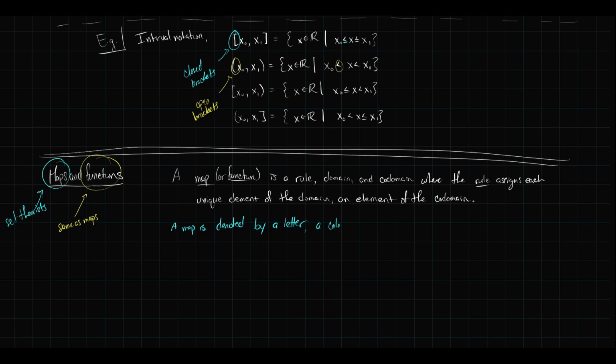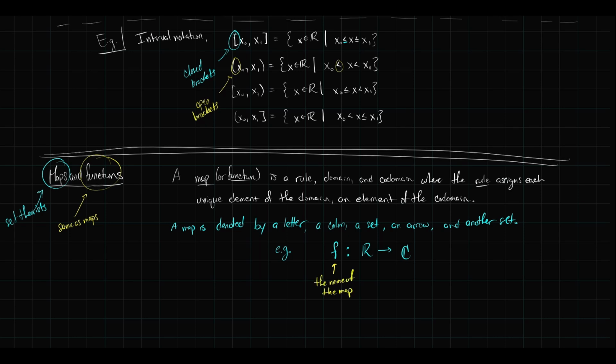So it's denoted, a map is denoted by a letter, a colon, a set, an arrow, and another set. For example, F colon R arrow C. The way we interpret when a map is defined like this is the F out front is the name of the map.